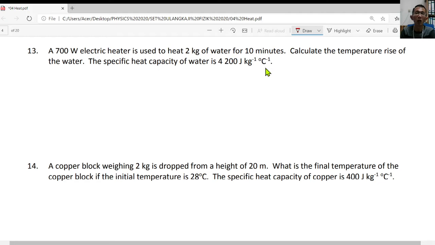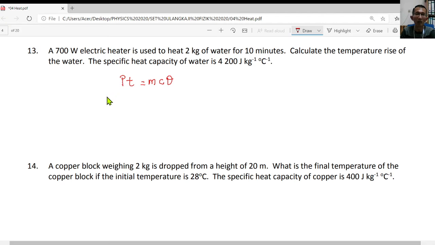So who supplies energy? It's the electrical device. So I have Pt received by the water, so the heat energy that the water will have will be mc theta.